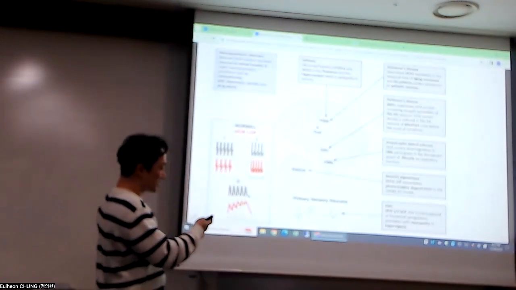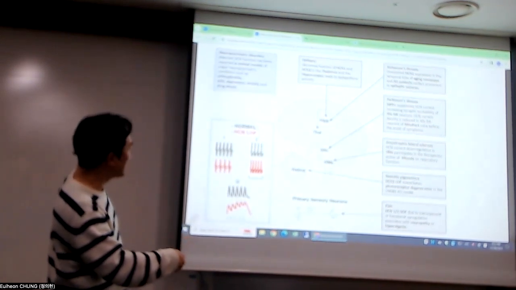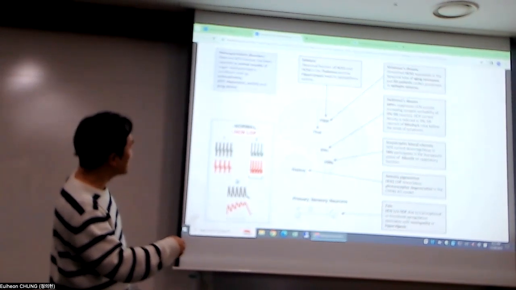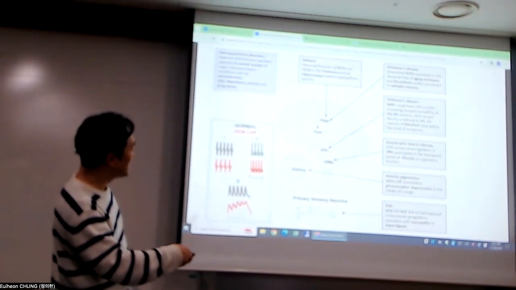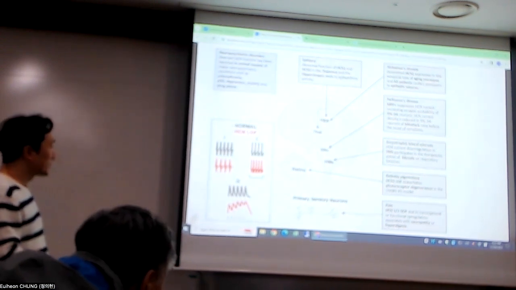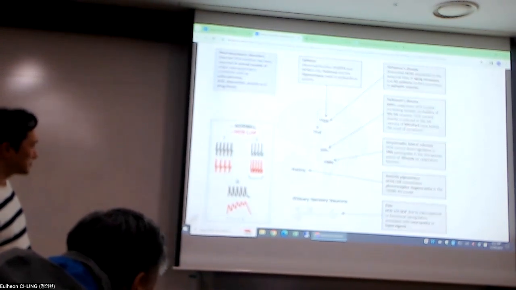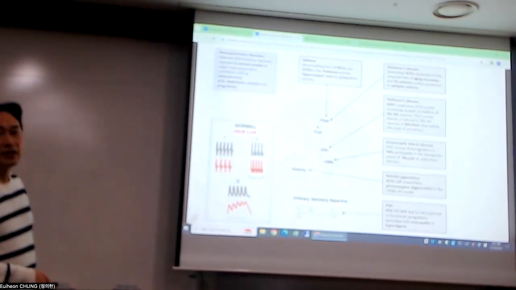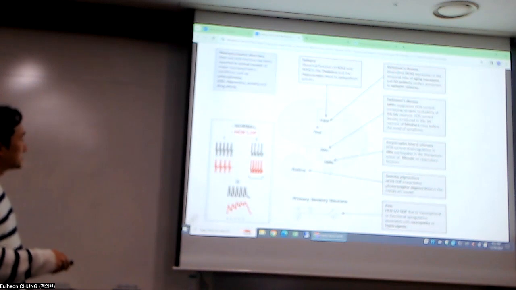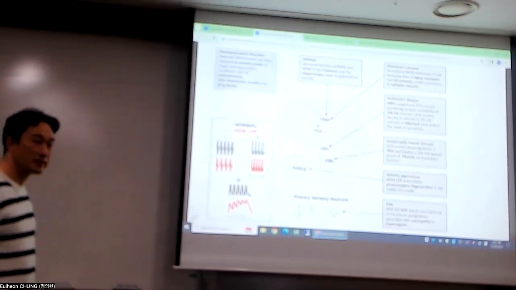There are lots of expression spots in many places, even the retina, and each case is related to different types of diseases. In the case of pain, it's related to neuropathy and hypertension. So just keep this in mind as background.